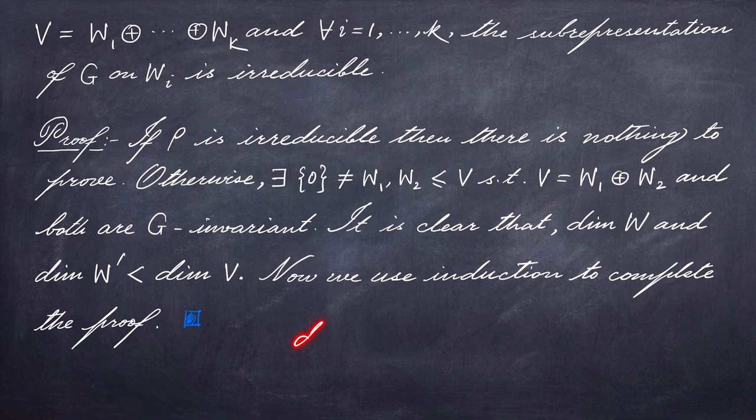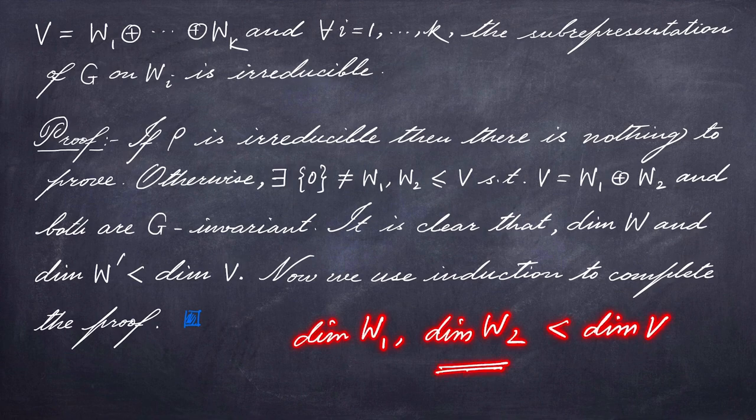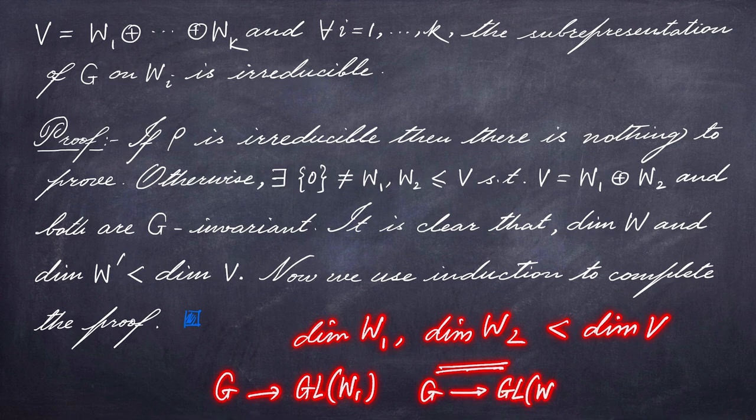Now it is clear that both dimension W1 and dimension W2 are strictly less than dimension V. So for the sub-representations of G on GL(W1) and GL(W2), we see that in both cases the dimension of the vector space has decreased.